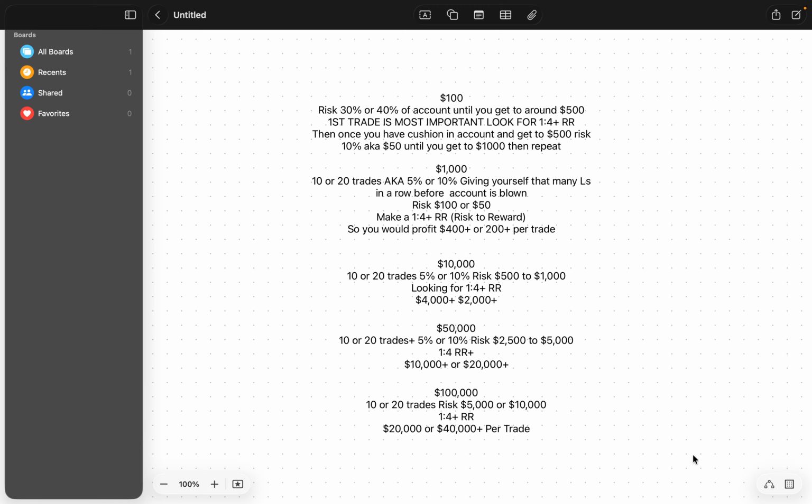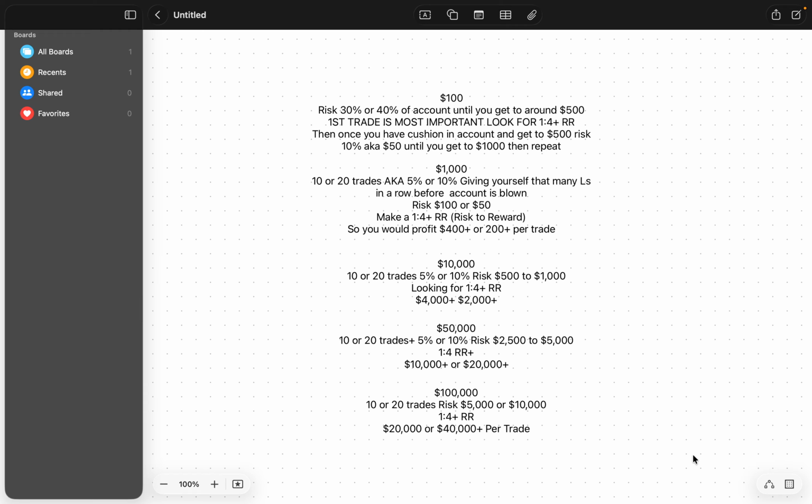So you shouldn't be too nervous about risking a lot of money or playing with more money, because it's the same thing as playing with $100. It's just the numbers, just add a comma and an extra digit to it. So how you scale from 100 to 1,000 is the same way you're gonna scale from 1,000 to 10,000. But the more money you get, the bigger your account gets, the easier it really gets.